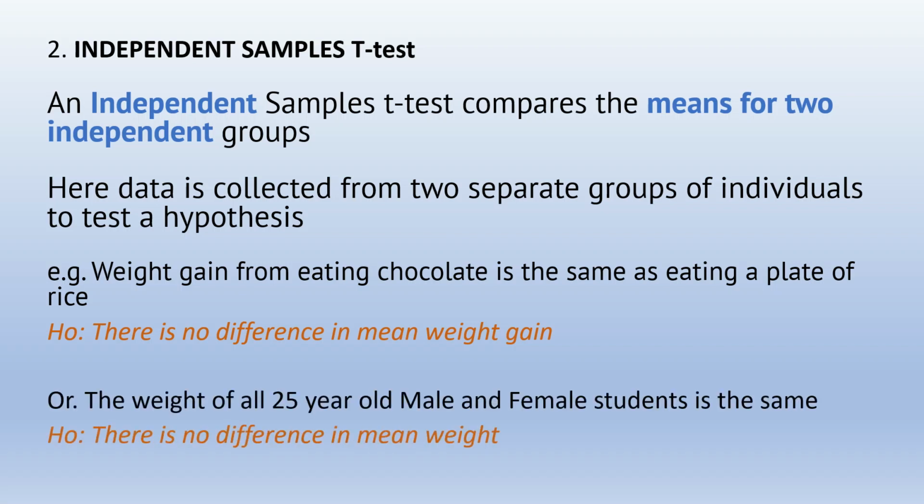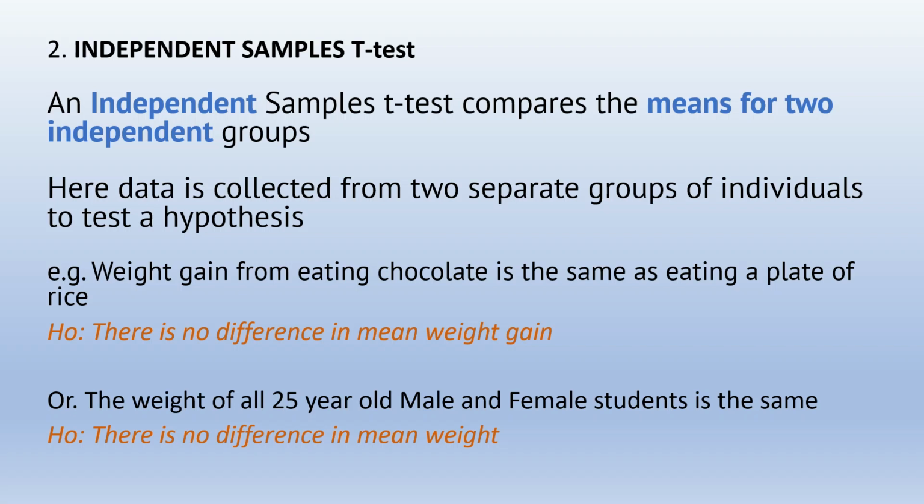Or someone might say the weight of all 25-year-old males and females is the same. Ideally, the weight of females is different from males, it should be. But someone might make a claim that there is no difference because you don't have any basis to say that they are different.